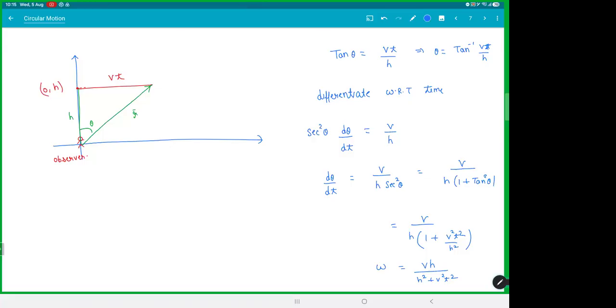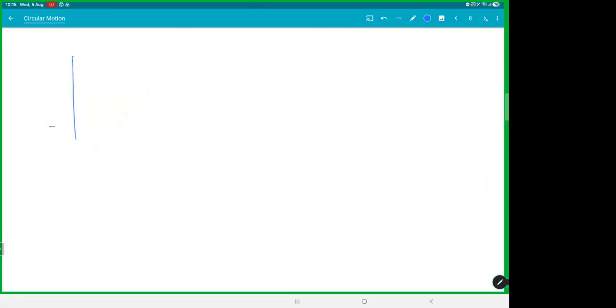There's a much faster way to do this. As this particle is going here, this speed will be v. This was your r bar. This was theta, right? So this is 90 minus theta. So if you resolve the velocities into components, this will be v cos theta, and this will be v sin theta. So the question comes, who is responsible for changing the angle?